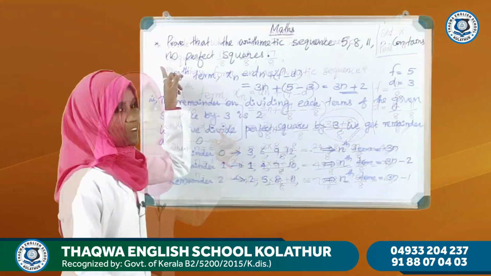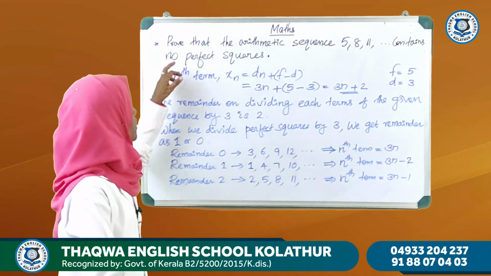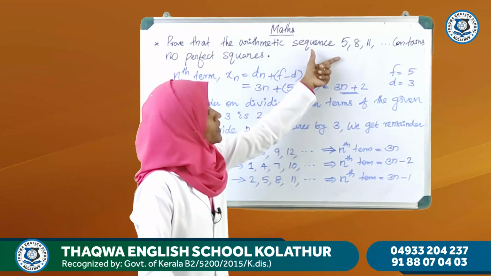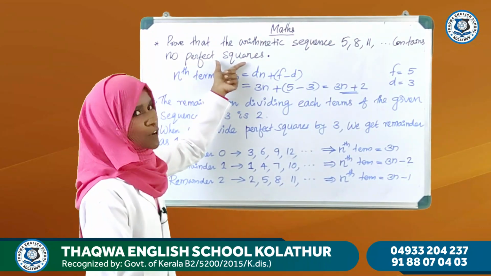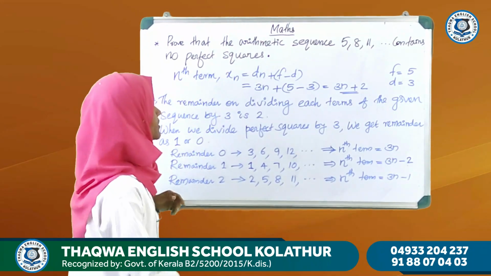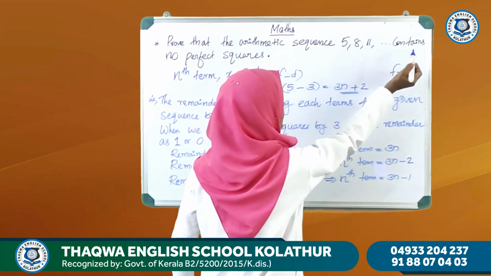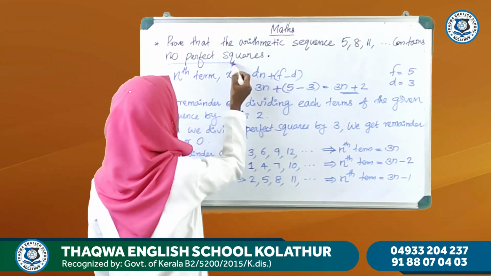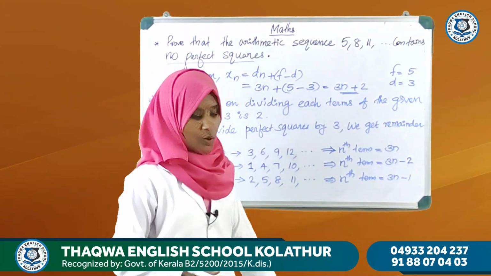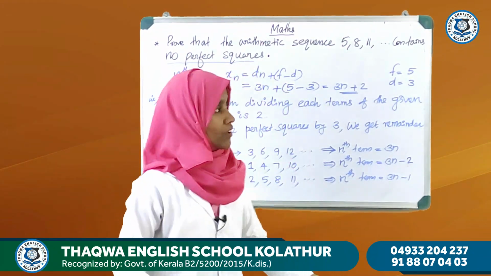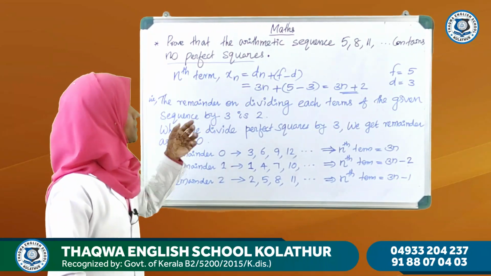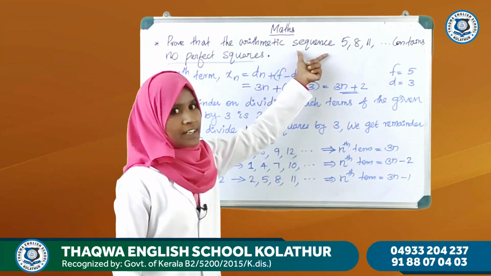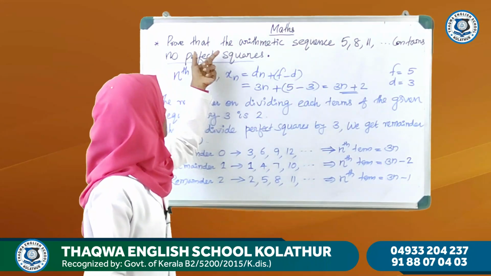Okay, next question. Prove that the arithmetic sequence 5, 8, 11, etc. contains no perfect squares. Okay, this sequence contains no perfect squares. So the last question, we have already done.